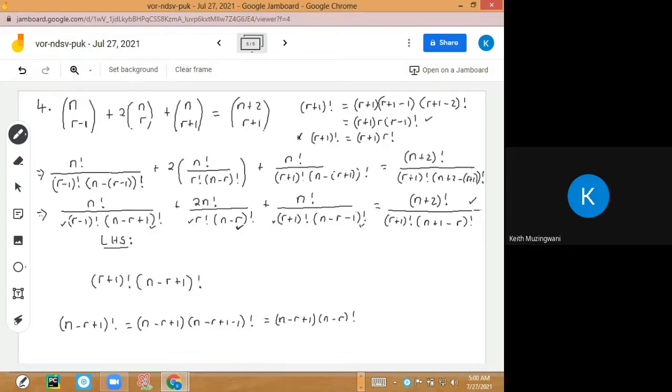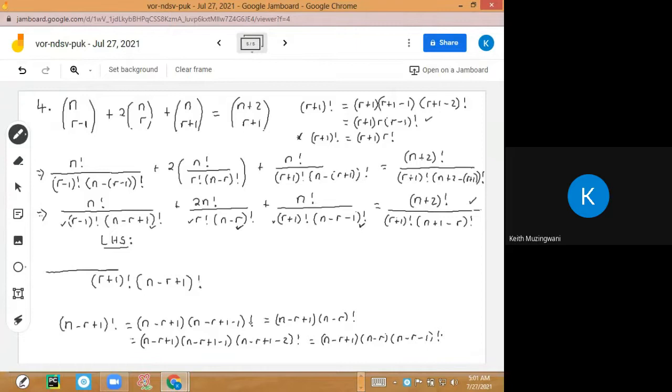The other one, you can write as n minus r plus 1, n minus r plus 1 minus 1, n minus r plus 1 minus 2 factorial. So this can be written as n minus r plus 1 multiplied by n minus r multiplied by n minus r minus 1 factorial, so that you can see that this piece here is represented in this denominator.